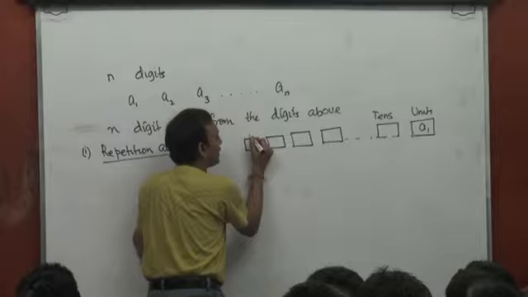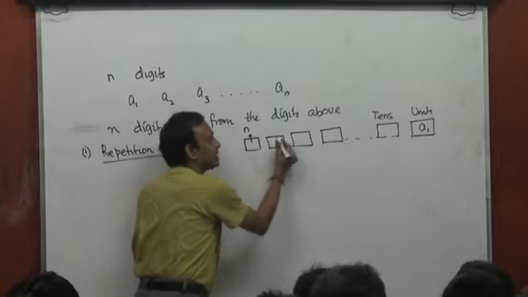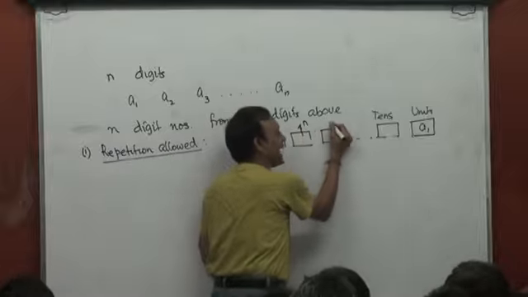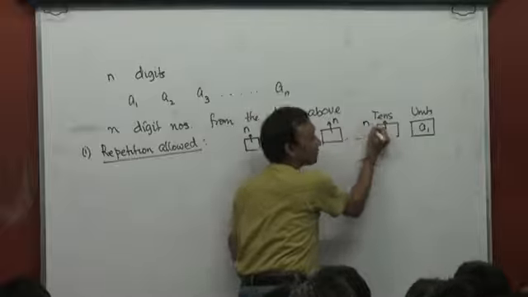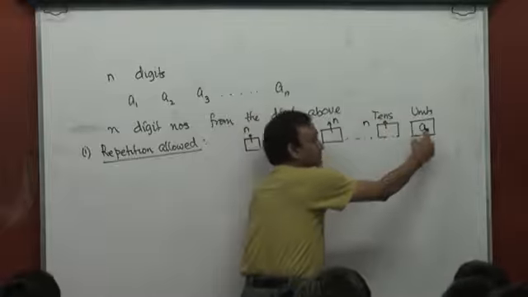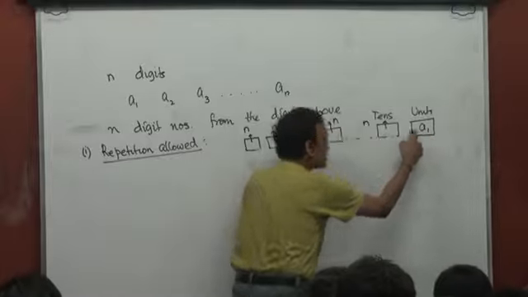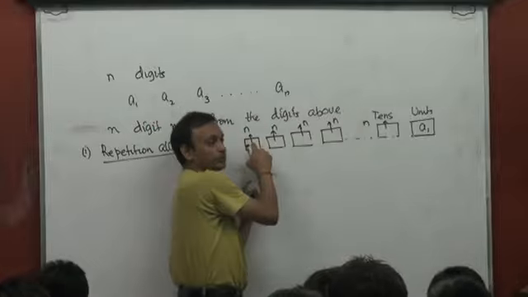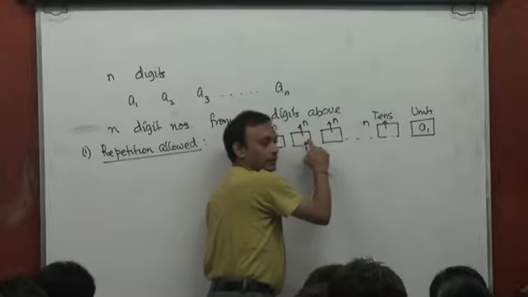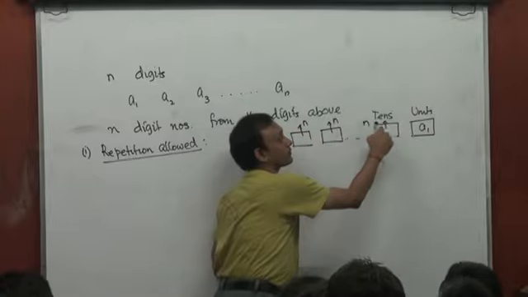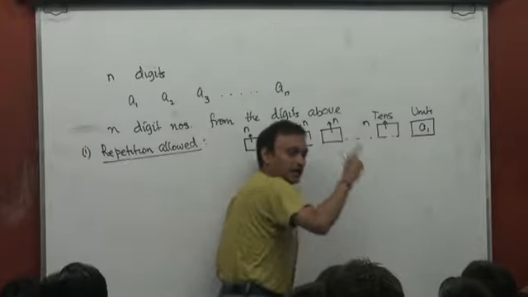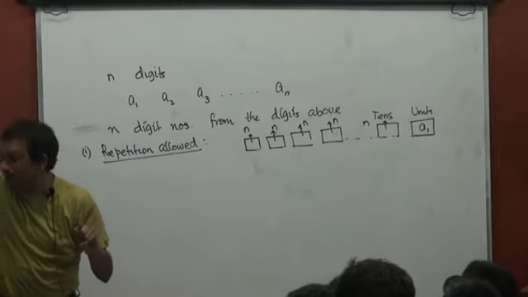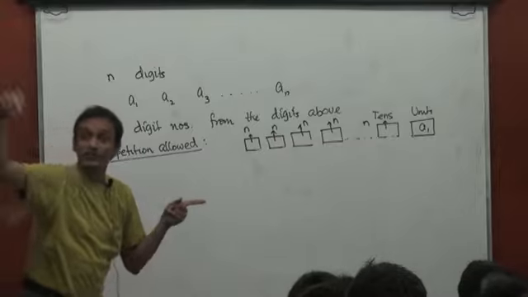So after fixing A1 in the units place, the number of ways in which I could fill out the remaining spaces is n into n into n, n minus 1 times. So that makes it n to the power n minus 1 ways.